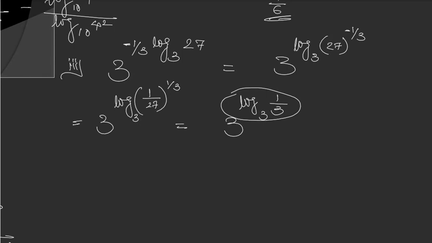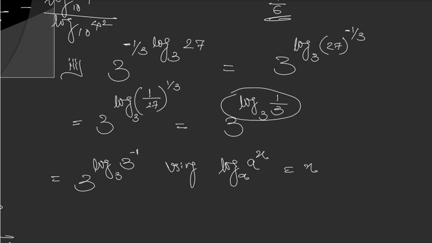Let's write it again. 3 raised to log of, can I write 1 by 3 as 3 raised to minus 1 to the base 3? And now, I'm using this identity: log of a to the base a raised to x is equal to x.